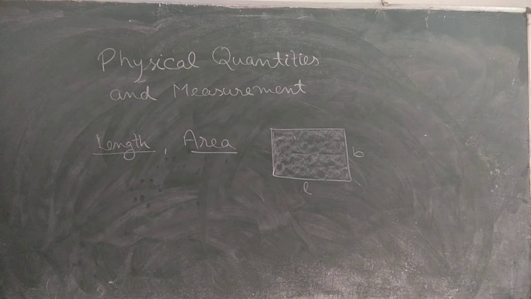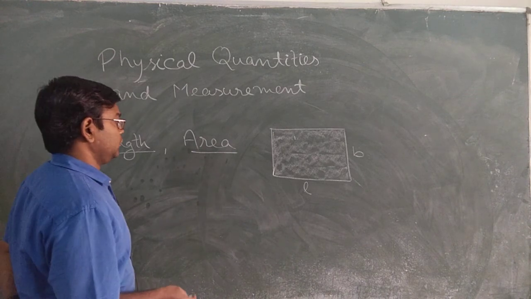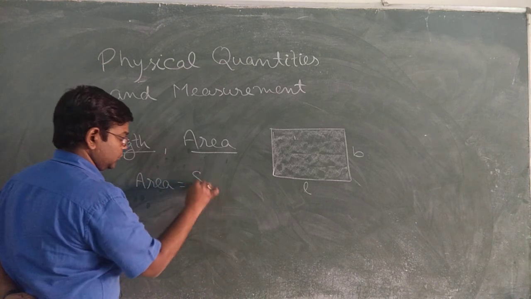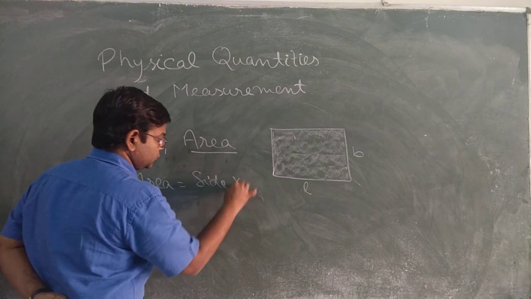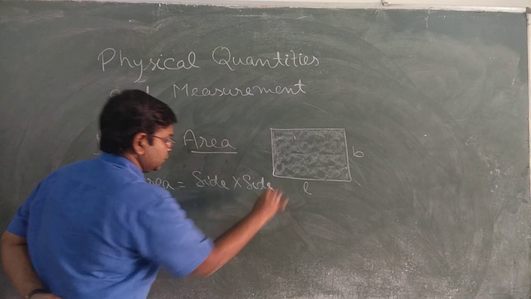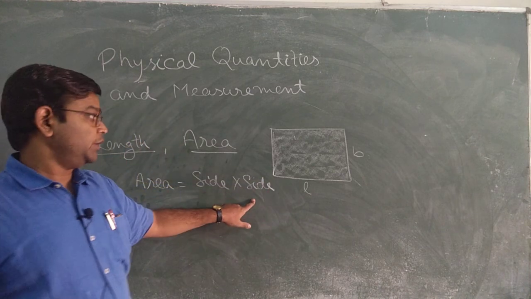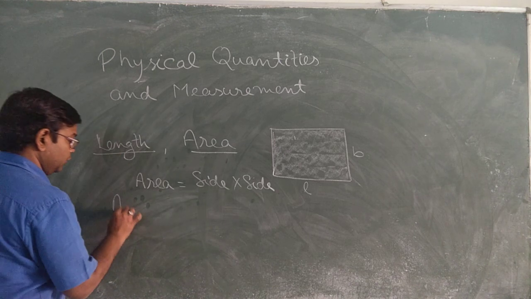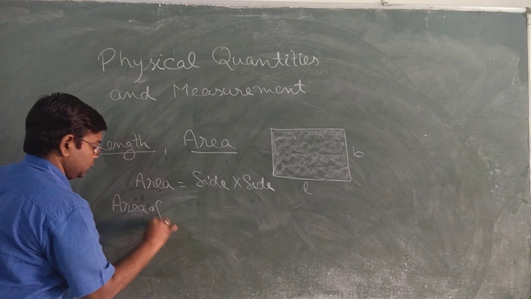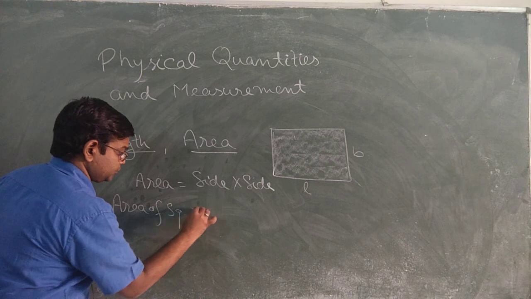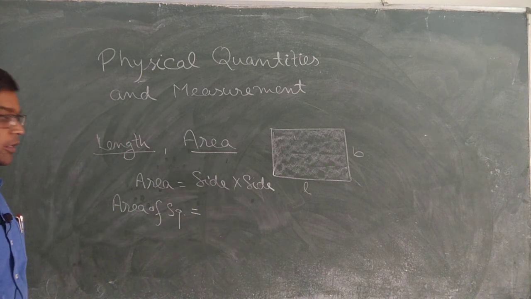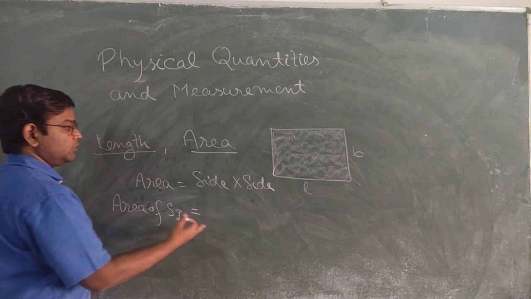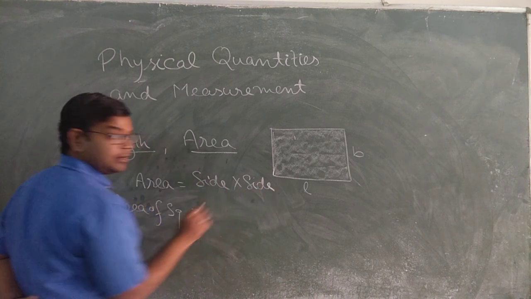If we know the area, what is the unit? As we know, area is generally side into side. Sides may be the same, may be different. In the case of a square, we have the same side. I am only taking the example of rectangle and square.